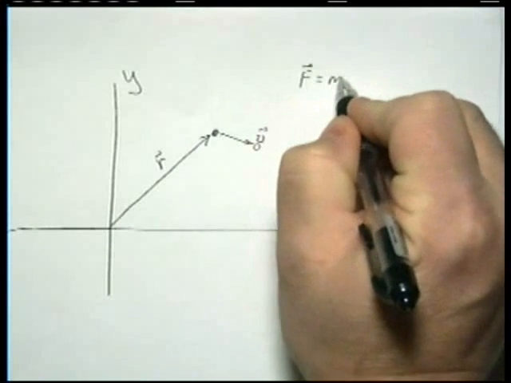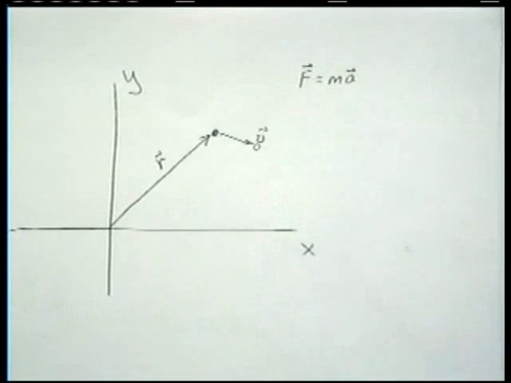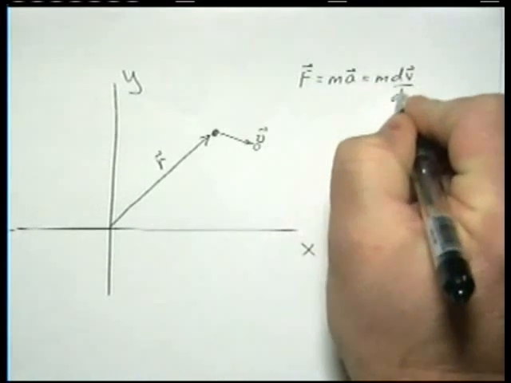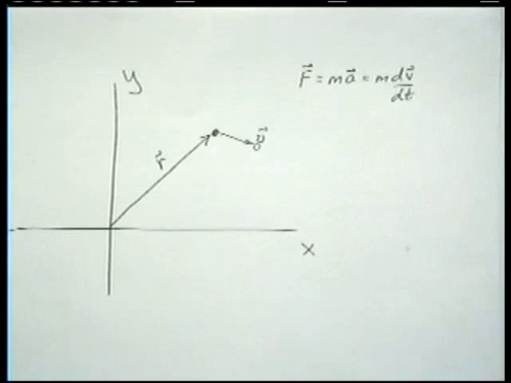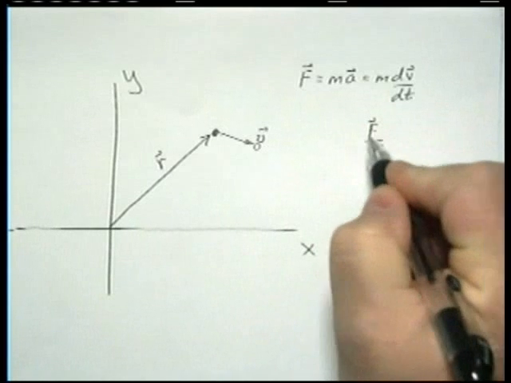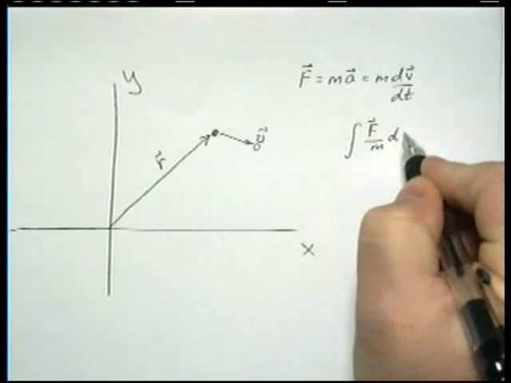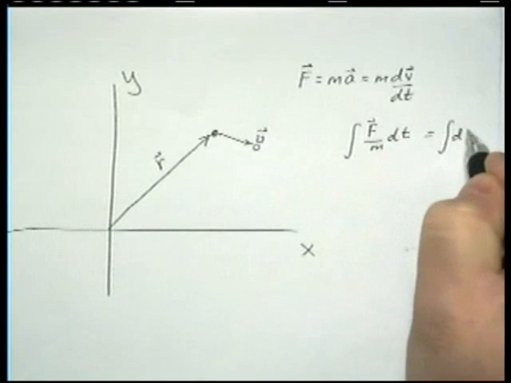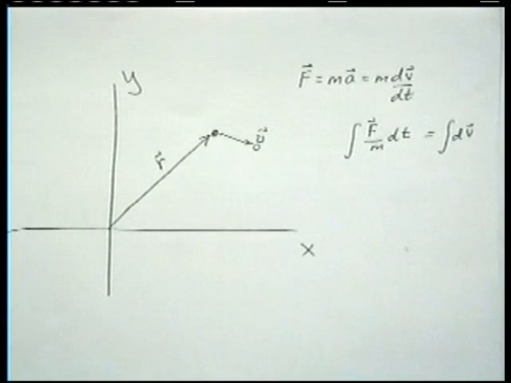We had a relation for that. F was equal to MA. M dV/dt. So if we solved that, integrated it with respect to dt, we got the change in the velocity.